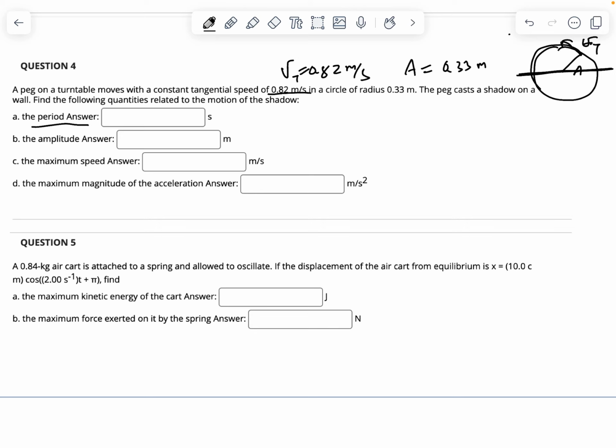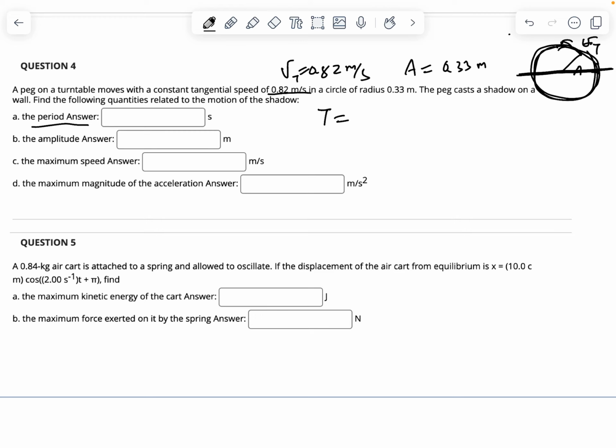When the object moves one circle, the projection or shadow will move one cycle. So one circle of uniform circular motion is one cycle of the simple harmonic motion, and those two have the same period.